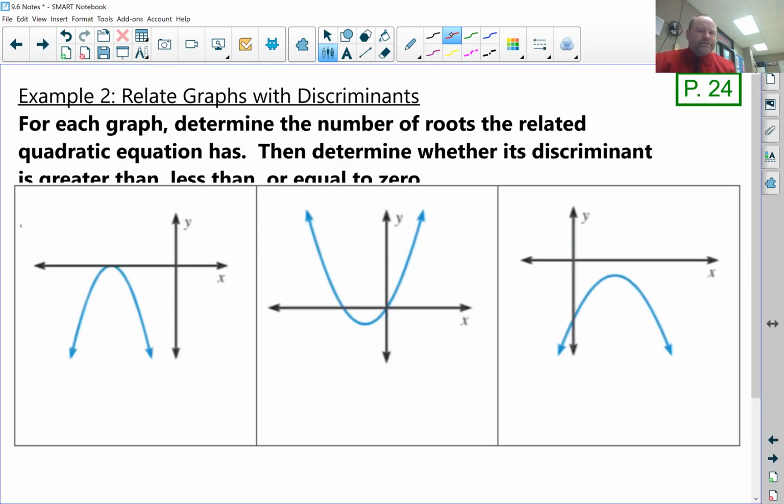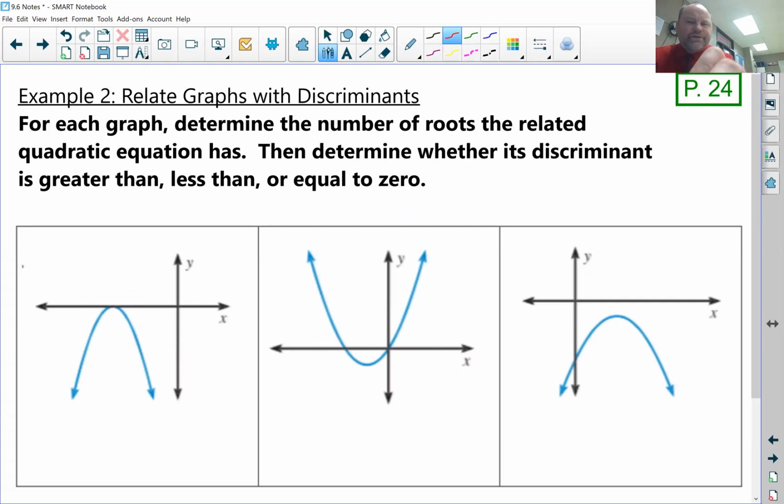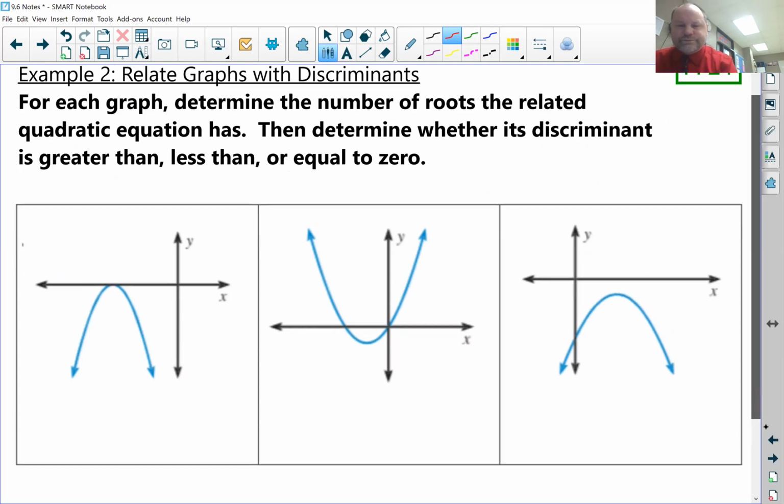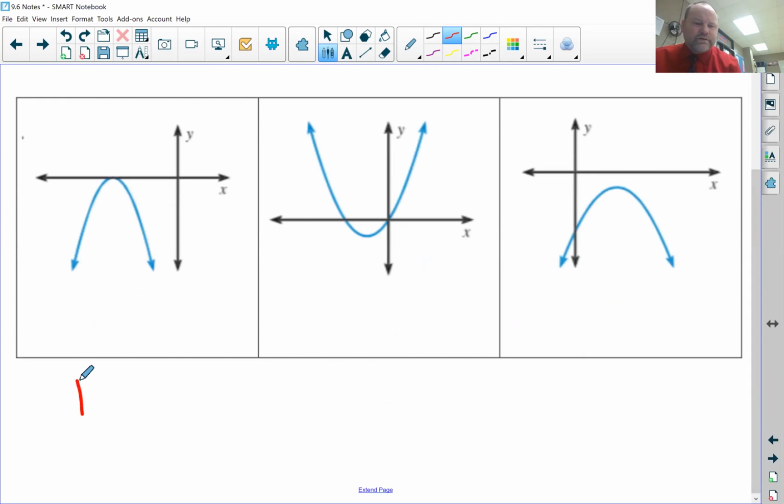All right, so you will also be asked to look at just the graph. Determine whether the discriminant is greater than, less than, or equal to 0. I'll just use D for the discriminant.